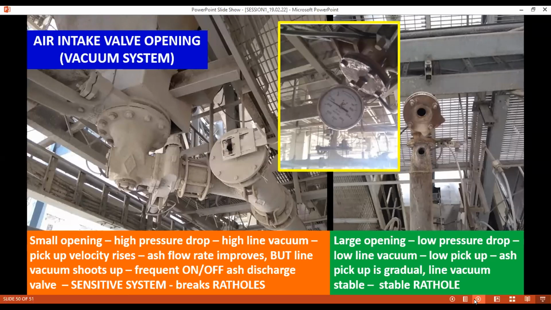Make sure you come back to the original air setting, because if that point is very constricted, you will have a lot of high vacuum in the line, which is not good for consistent operation. This is good for temporary use, once or twice, if the ash is not falling and a rat hole needs to be broken. So this is how you can do it.